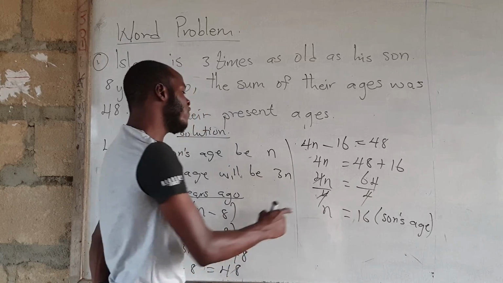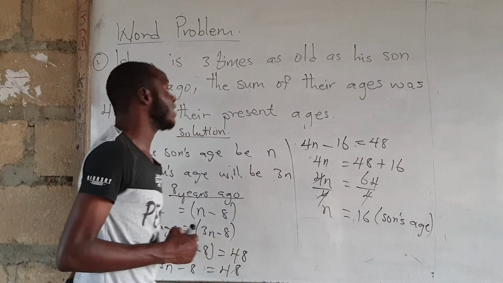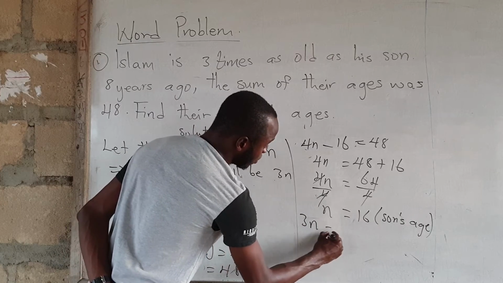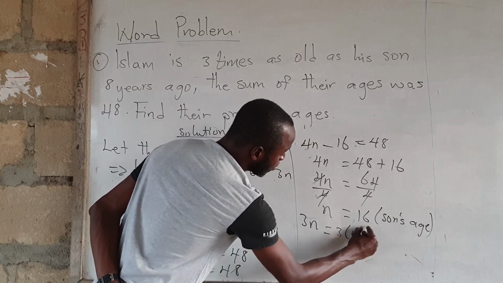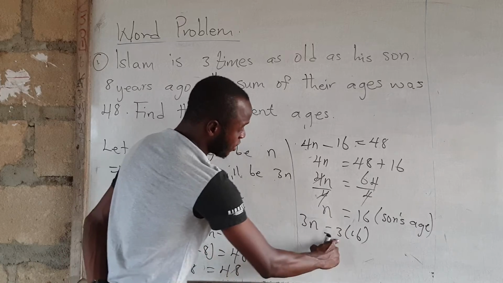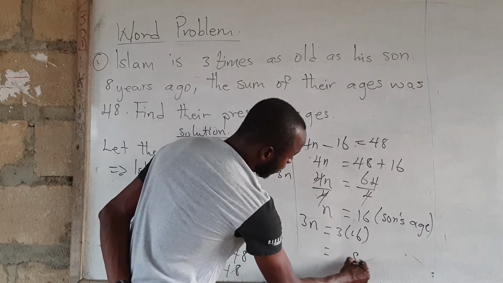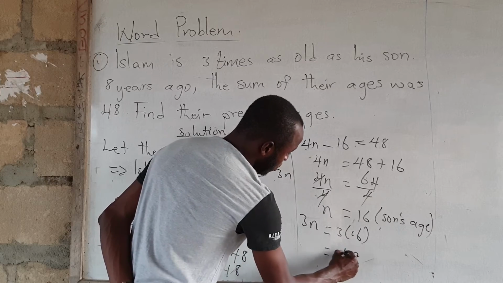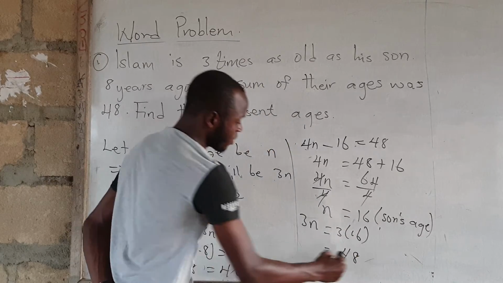If n, 16 years, is the son's age, and we want to find Islam's age, Islam's age is 3 times the son's age, which is n. So it will be 3 times 16. 3 times 6 is 18, write 8 remainder 1. Then 3 times 1 is 3, plus 1 gives 4. So it will be 48 years.